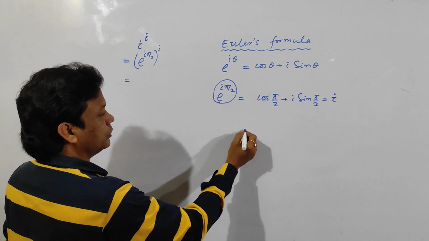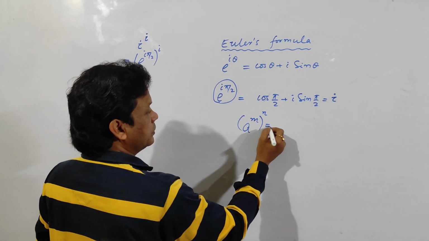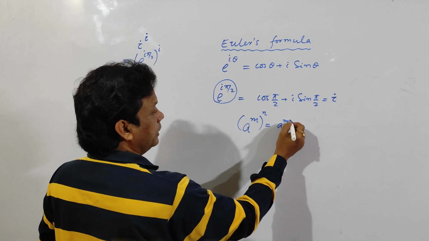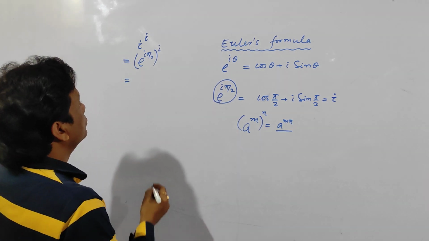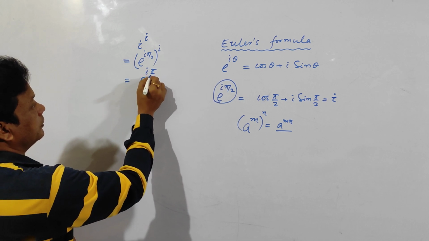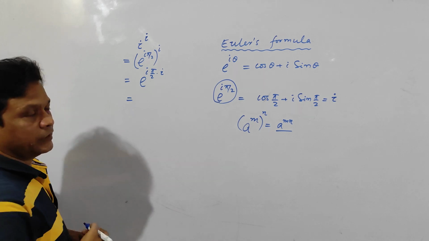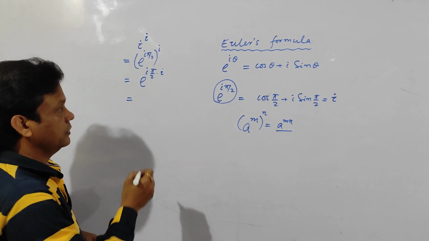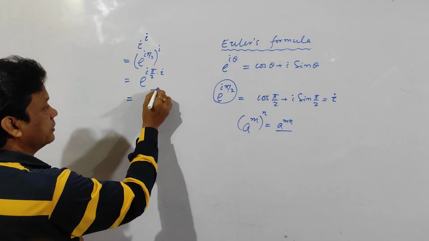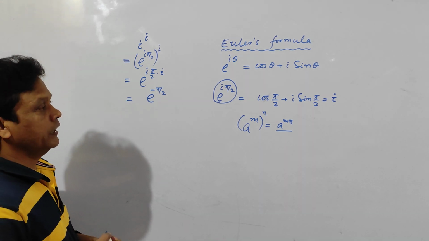It is already known to you that a to the m to the power n is a to the power m into n. So it will become e to the power i pi by 2 into i. So i into i is i square, and i square is minus 1. So it is e to the power minus pi by 2. Clear?